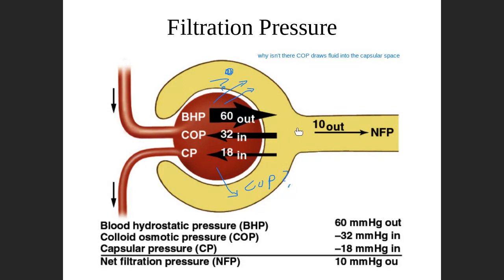I mean, the fluid can follow that as well. And so that person who has glomerulonephritis, for example, will have a lot of urine output, more urine output than normal. But note, ultimately, your net filtration pressure is 10 millimeters of mercury, okay?